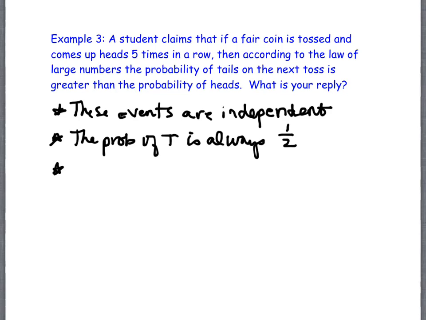They could have flipped and got tails before they had the 5 heads in a row. Could have, so we don't know what happened before those 5 flips. This phrase should bother you with a student's argument.